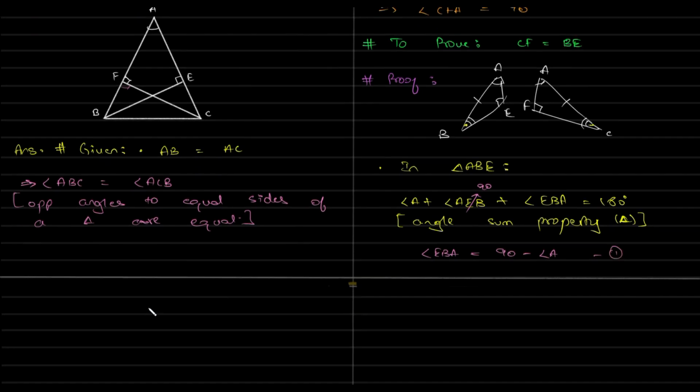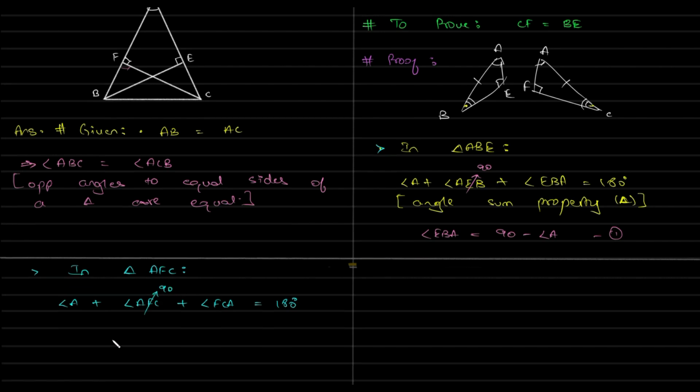Then we have in triangle AFC, angle A plus angle AFC plus angle FCA is equal to 180 degrees. So this is 90, and if we transpose, angle FCA is equal to 90 degrees minus angle A. This is equation 2.